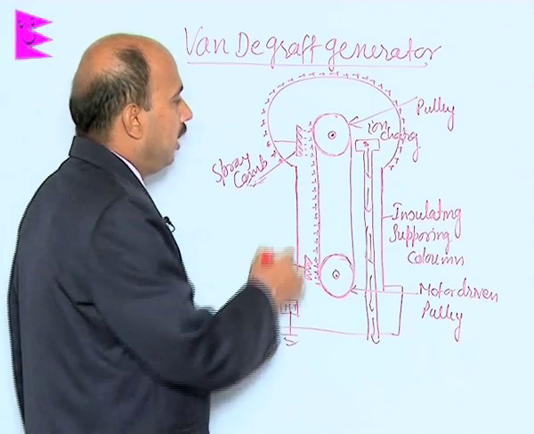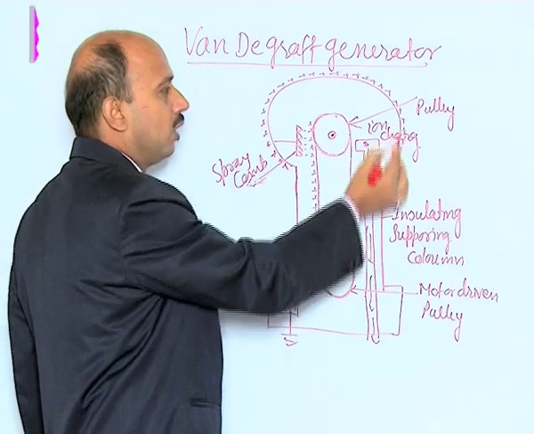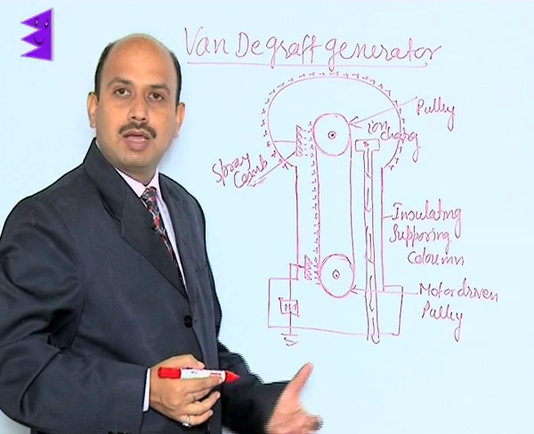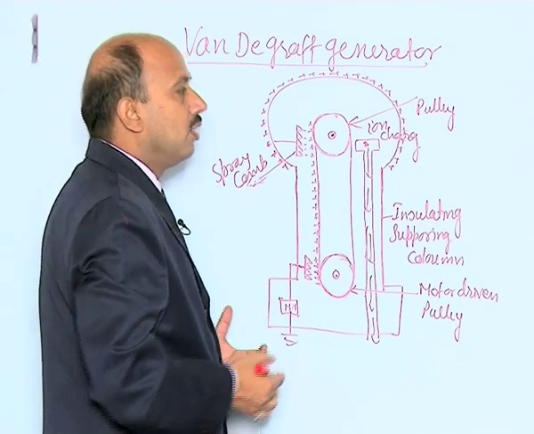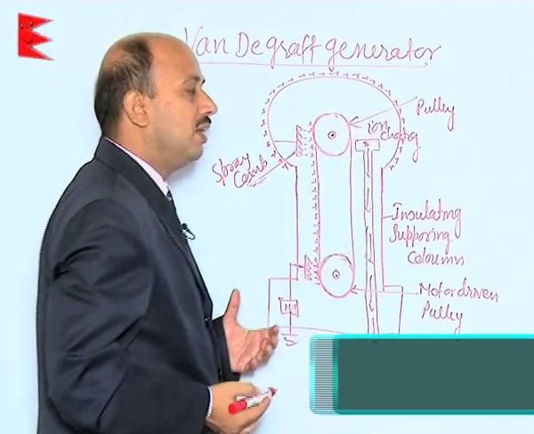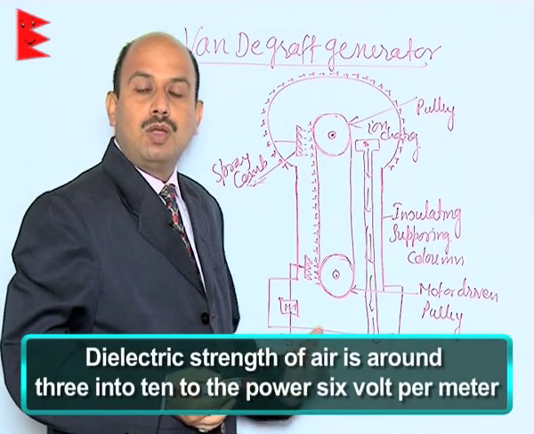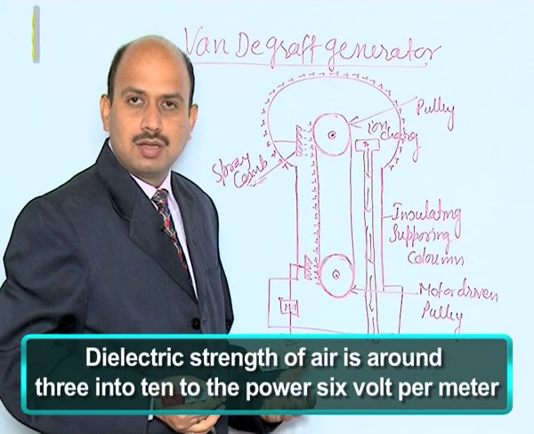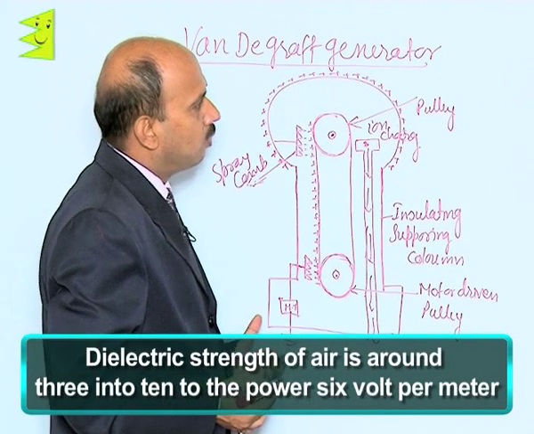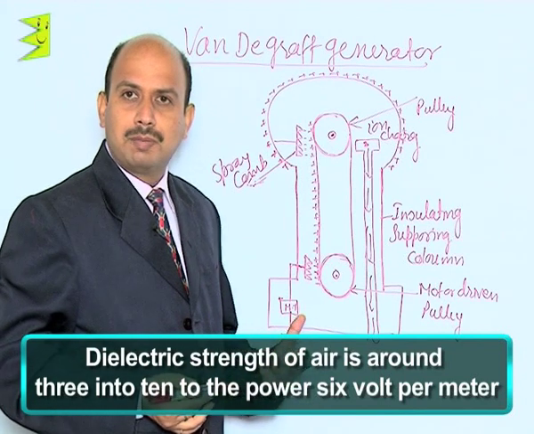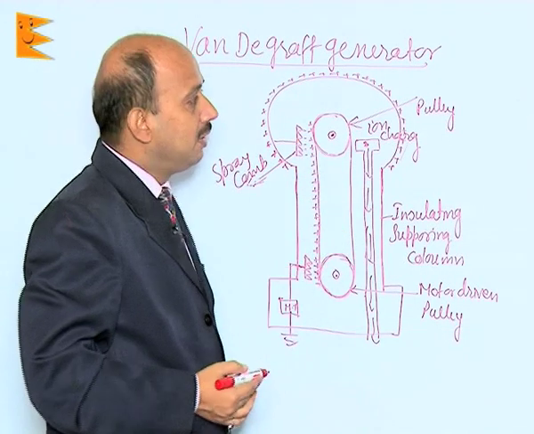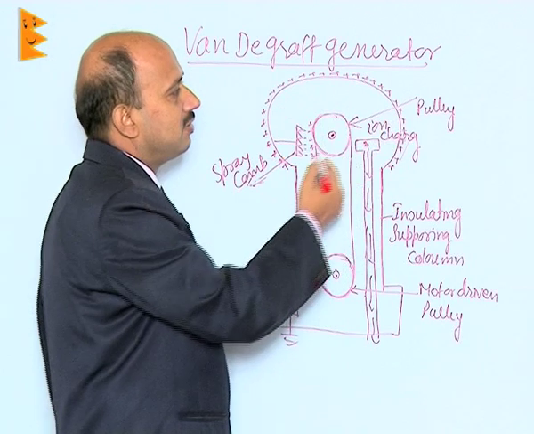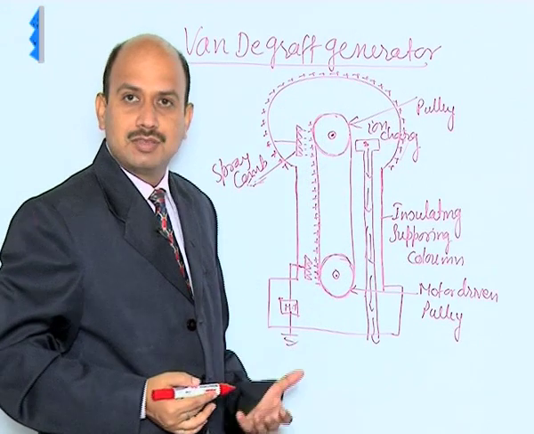But see here, if you keep on increasing the potential, a time will come when the electric field developed becomes equal to the dielectric strength of air. The dielectric strength of air is around 3 into 10 raised to power 6 volt per meter. Up to that electric field, if it develops here, then the surrounding air gets ionized and leakage of charges starts.